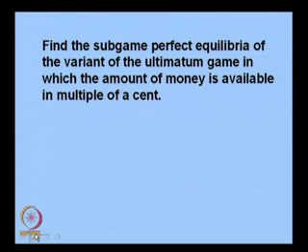Find the subgame perfect equilibrium of the variant of the ultimatum game in which the amount of money is available in multiples of a cent. So, C is available in multiples of a cent.